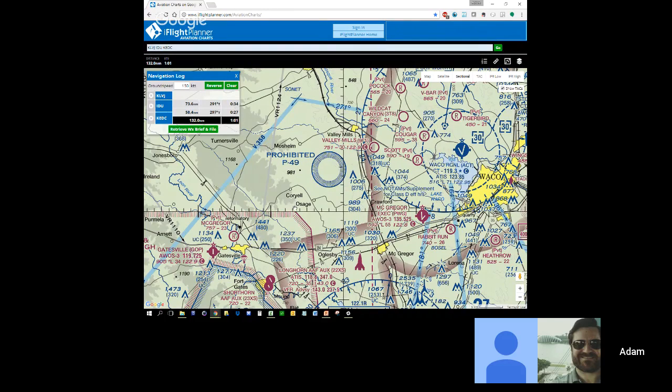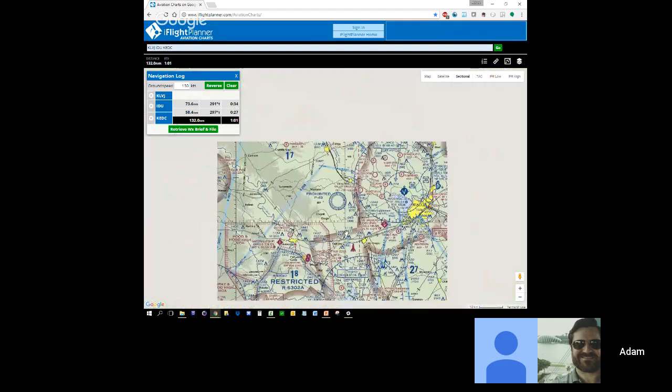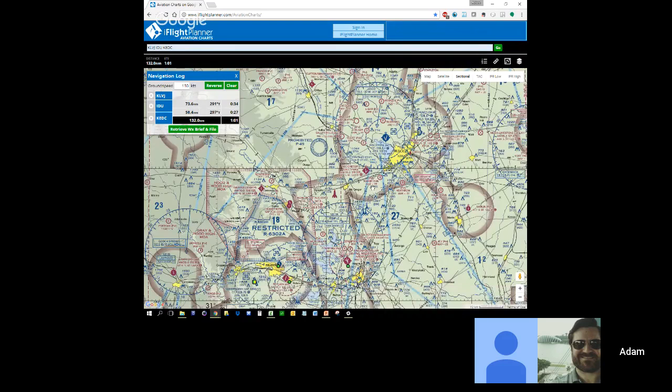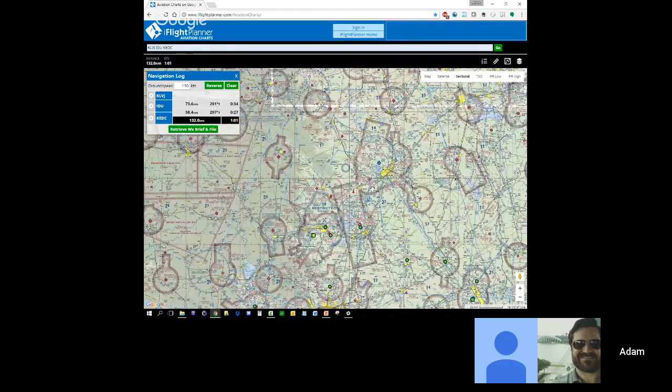Prohibited airspace is from a permanent airspace perspective the most stringent, so you cannot fly through there. Restricted airspace, which was the other airspace on the slide, is of the same nature.